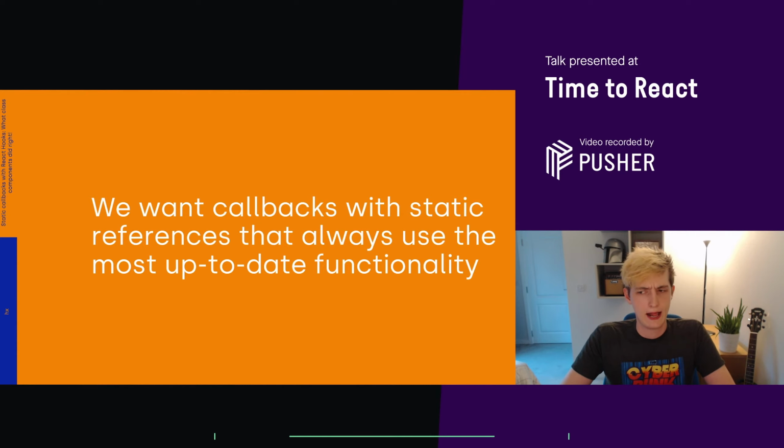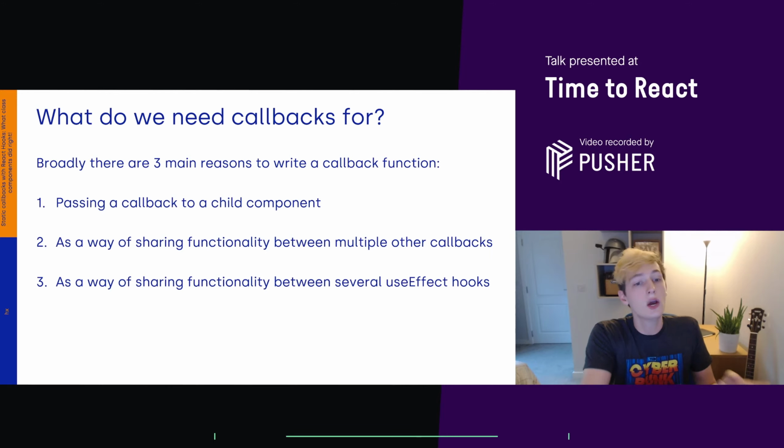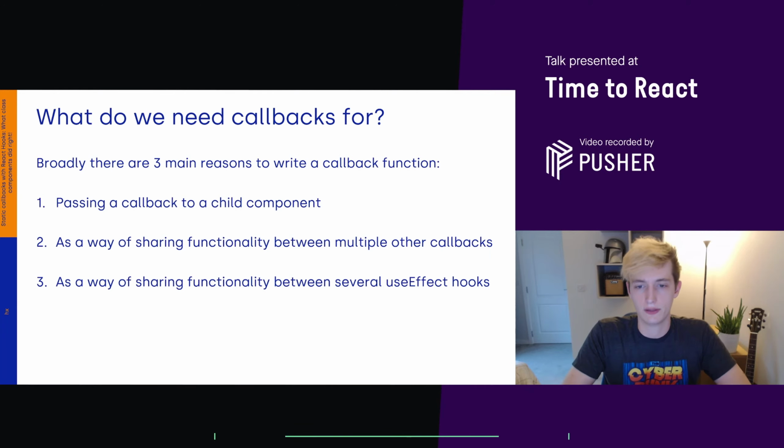Why do we need callbacks? Broadly, there are 3 reasons, I think, that we're going to write a callback function. The first is when we pass a callback to a child component. We might also use one as a way of sharing functionality between multiple other callbacks that we pass to child components. So if we've got multiple things that we're sending in, we might just not want to rewrite all that functionality and just put it into a single spot that we can share.